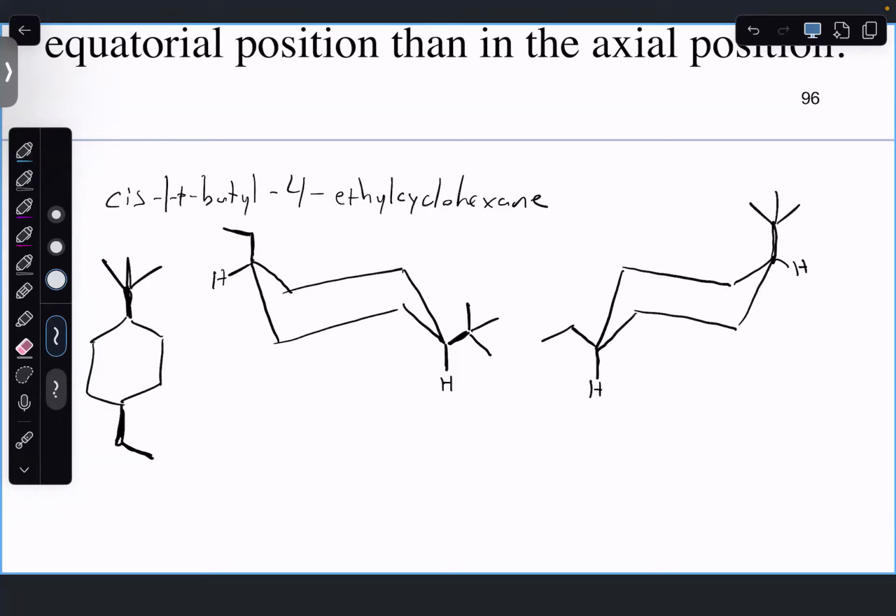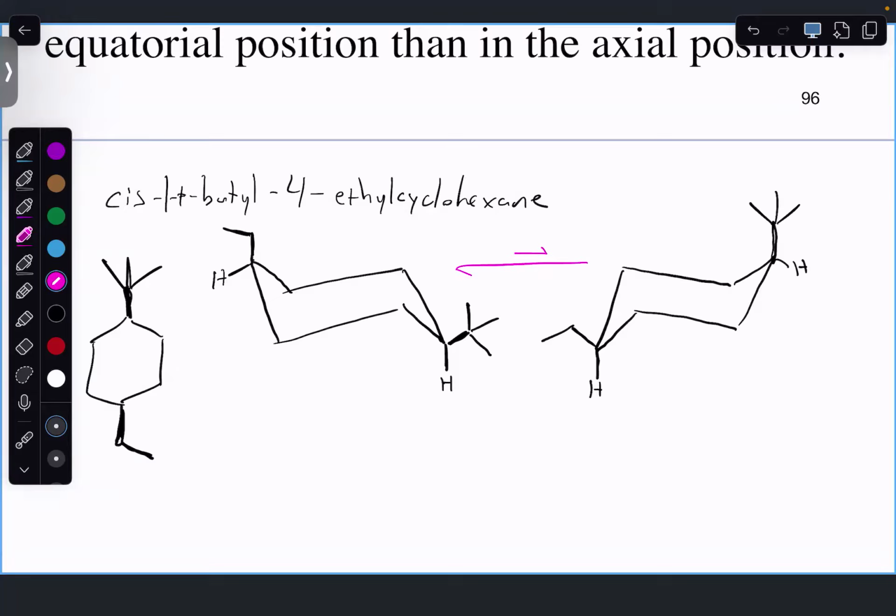An ethyl group is a whole lot smaller than a tert-butyl group. The one on the left is going to be greatly preferred. Do you want your smallest substituent to be axial? Yes, yeah.